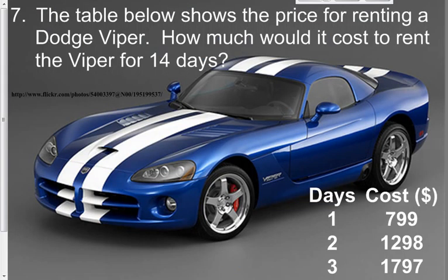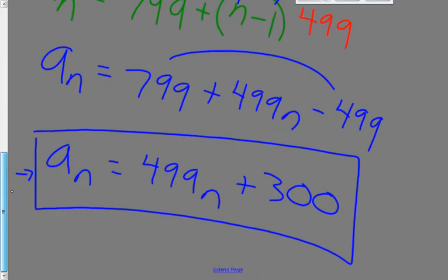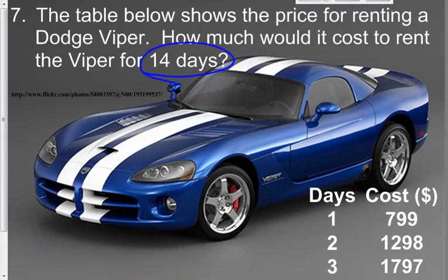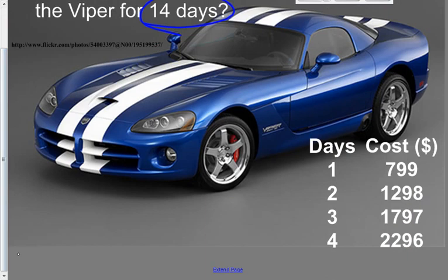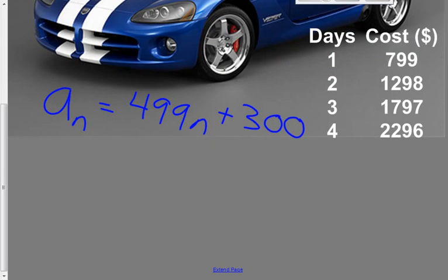So using that, it says, how much would it cost to rent the Viper for 14 days? So I want to be gone for 14 days on this vacation that I have. A sub n equals 4.99n plus 3. There's my explicit formula.